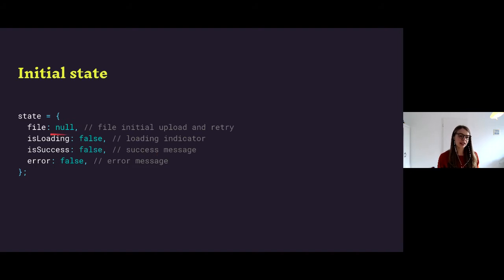Like we need a state to store a file to be able to do the initial file upload, and also we need to keep this file in order to be able to retry file upload if the user chooses so. Is loading to show the loading indicator, is success to identify that success happened and show the success state, and also error to store the error message and identify that failure happened.